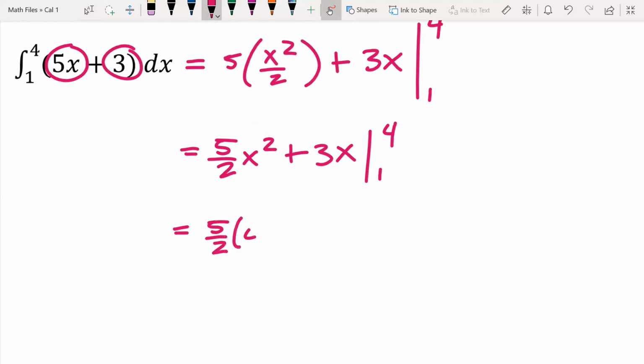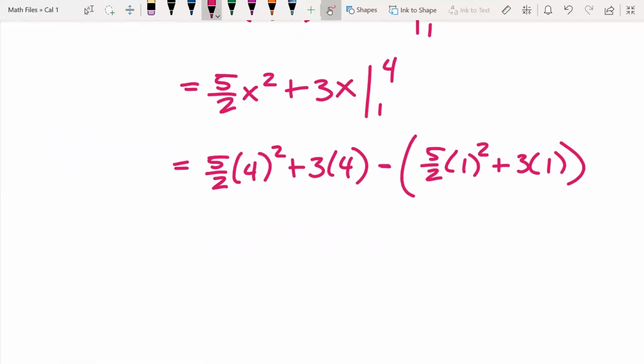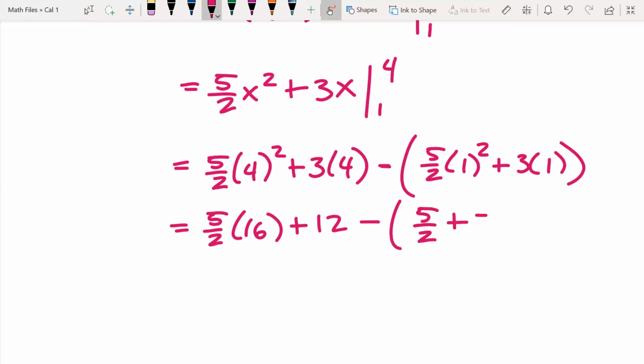So 5 halves times 4 squared plus 3 times 4 minus, and we're going to need to put parentheses around this one, 5 halves times 1 squared plus 3 times 1. All right. And what's that? 5 halves times 16 plus 12 minus 5 halves plus 3.